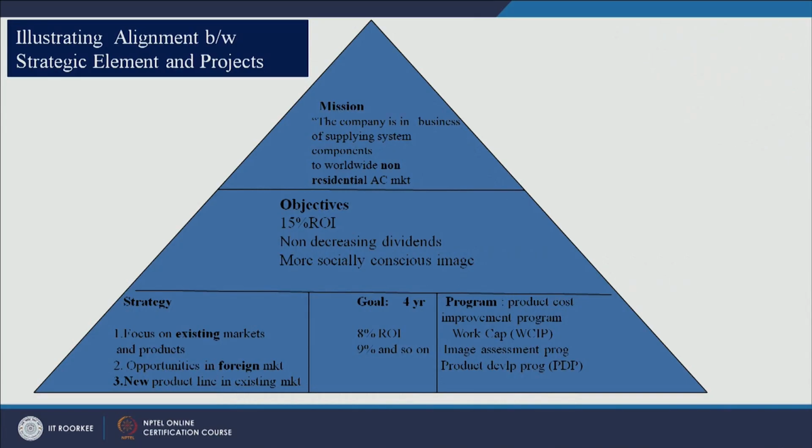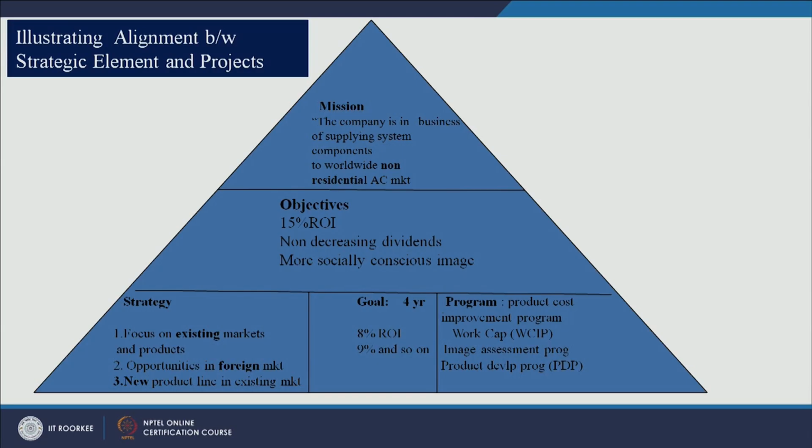Let the second objective be that non-decreasing dividends should be paid to the stakeholders, to the shareholders, and the third objective could be a more socially conscious image. So, if you set up these 3 objectives, you would be achieving the mission. And what is the mission? To become world leader in the non-residential AC market.